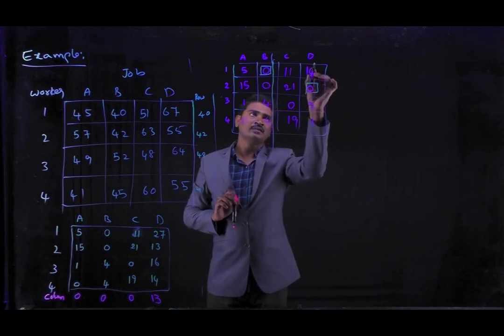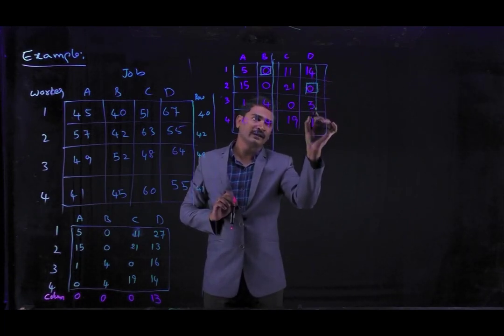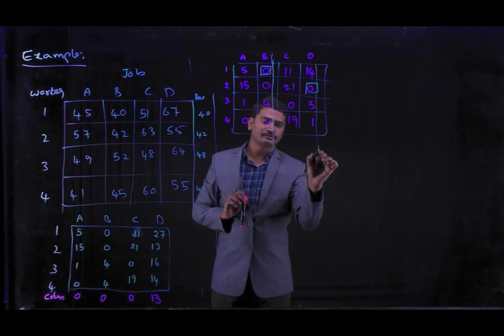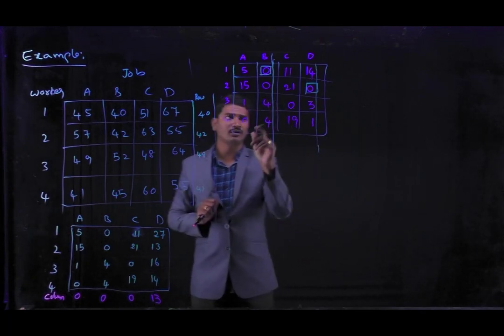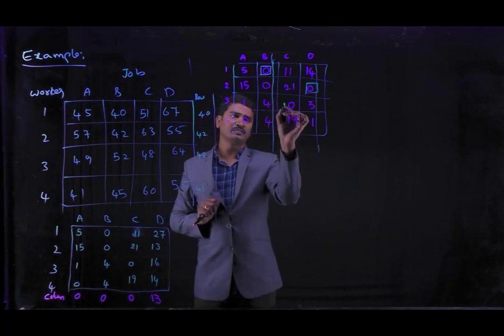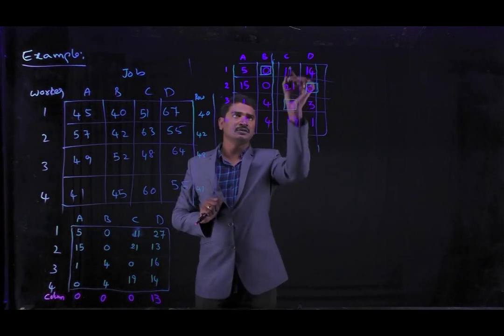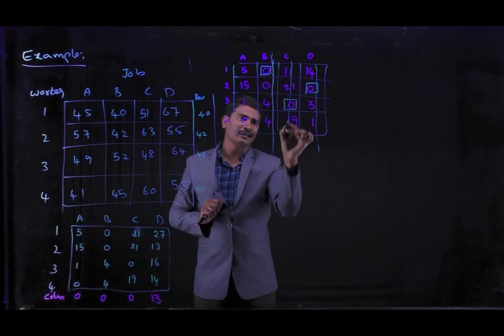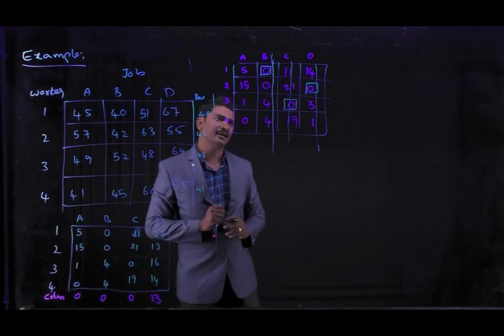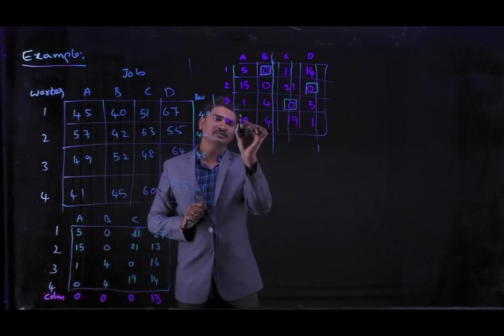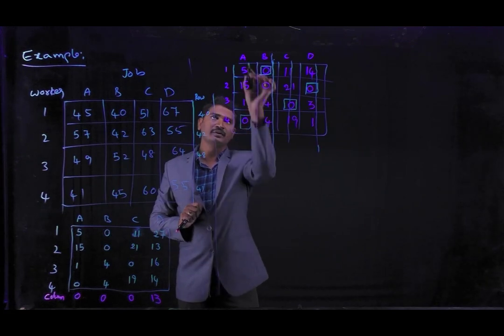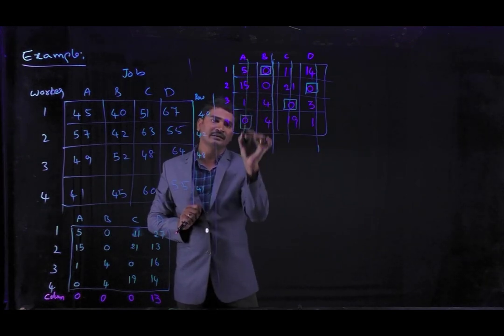After assigning, we are going to draw the line here. Next, coming to the third, here there is no line. So simply here only a single 0 is there. Simply we assign 0. Then we draw the line. Next, fourth row. Here we have 0. So simply we draw the line here.